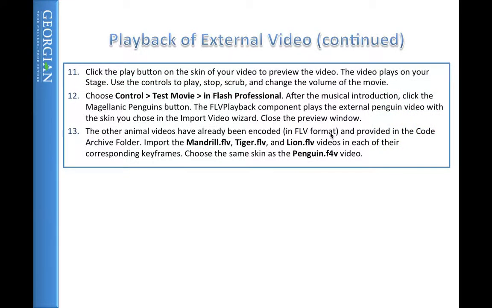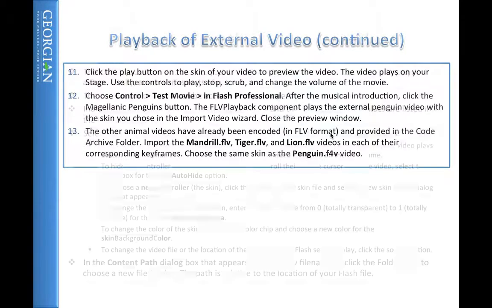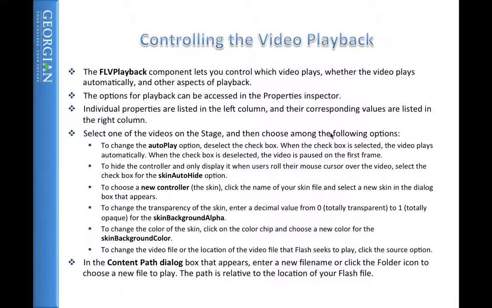So again, you can do the same thing with your lion and tiger and mandrill FLV files if you want. We're not going to do that here. Controlling video playback, you can change your options to autoplay, change your skin background alpha, all kinds of stuff to modify your player to look and respond in a certain way.